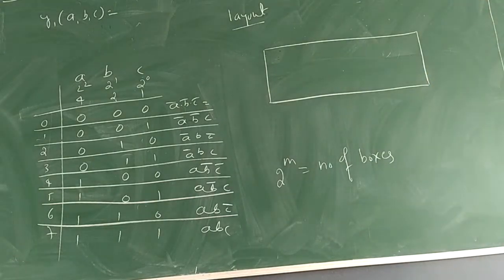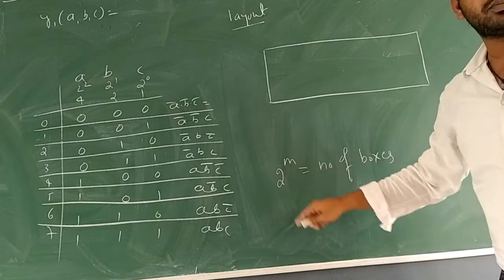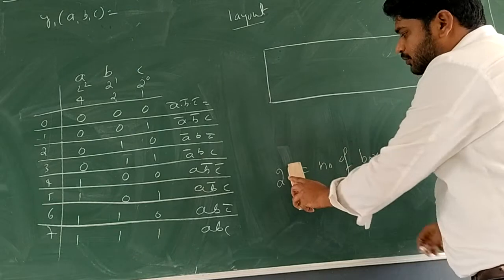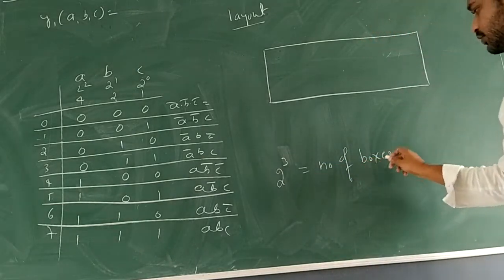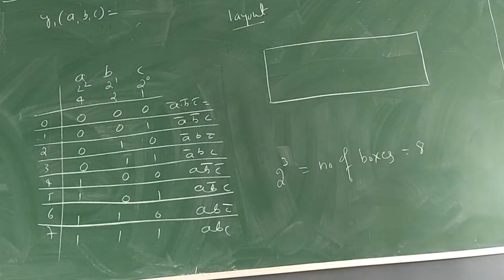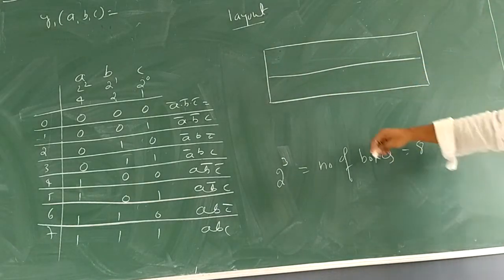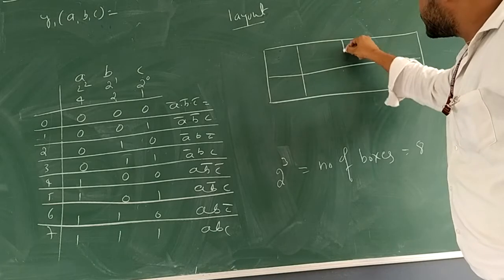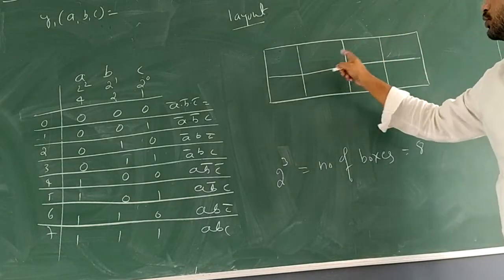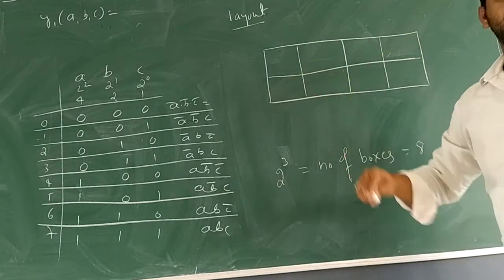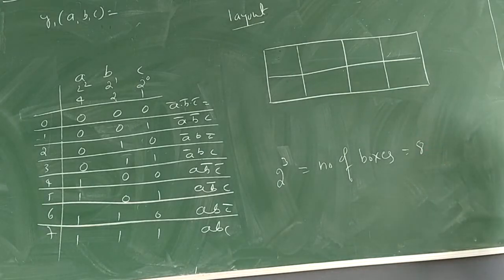Here m indicates the number of inputs, meaning the number of variables. So this will be 8. If it is 8, we have got 2 rows like this, so 1, 2, 3, 4, 5, 6, 7, 8. Total 8 boxes.